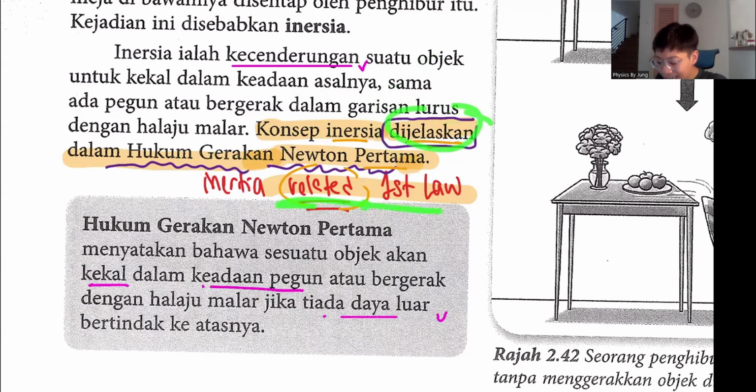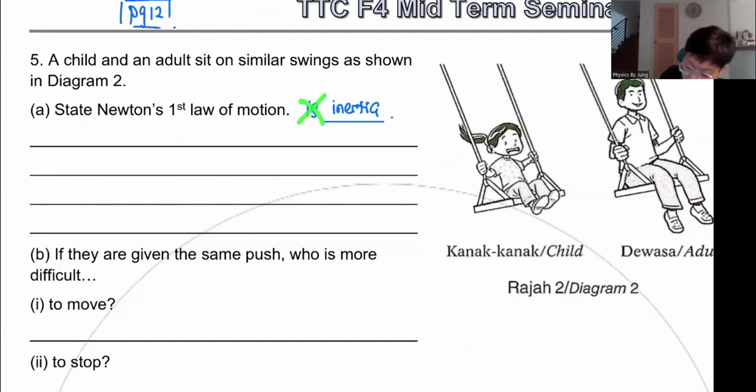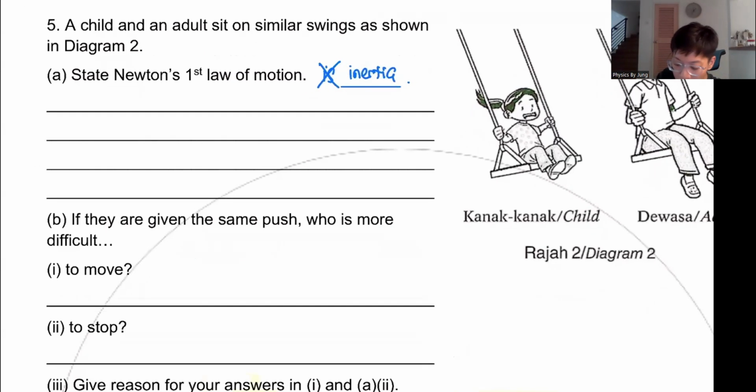Dijelaskan is related to first law. Dijelaskan dalam, bukan sama dengan. There is a difference between sama dengan and dijelaskan dengan. So this one is dijelaskan dengan. So it's a different thing. Okay. So we cannot say this is inertia because it is not inertia. So remember that you have to memorize all this Newton's first law of motion.